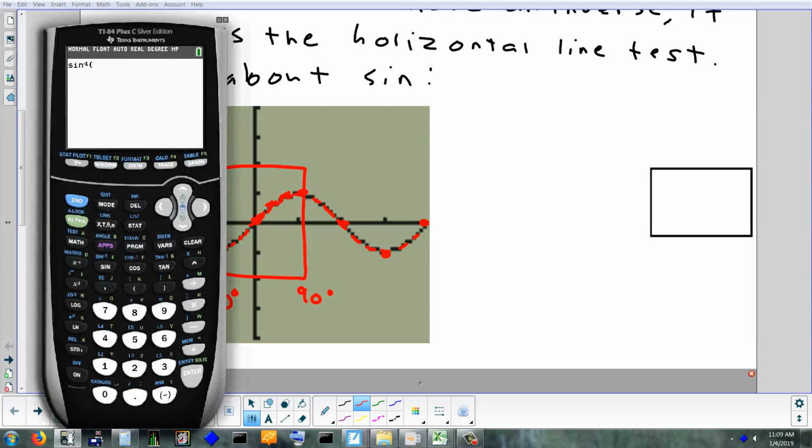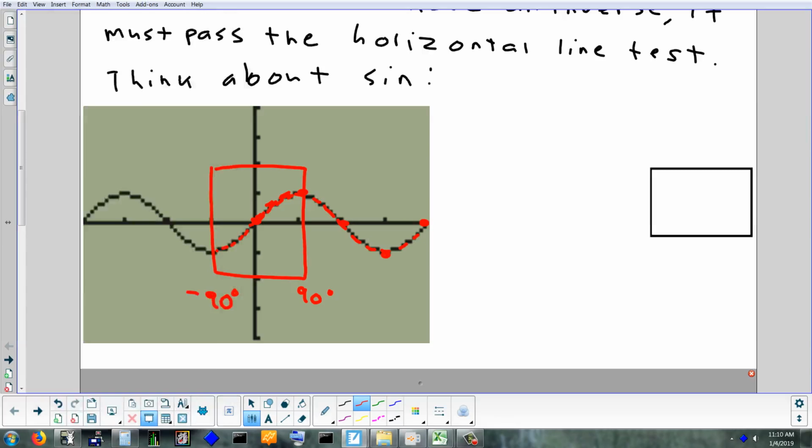If you do inverse sine of 0.6, you get an answer between negative 90 and 90. If you do inverse sine of negative 0.8, you get an answer between negative 90 and 90. No matter what you type in, it's always going to be between negative 90 and 90.